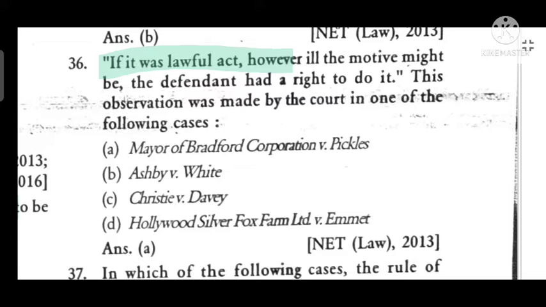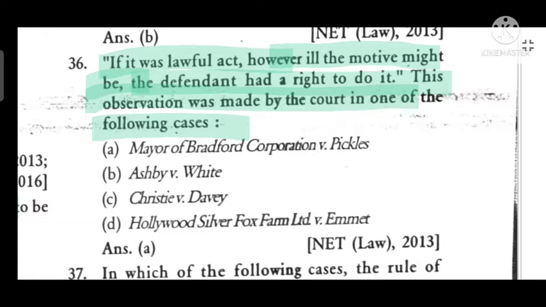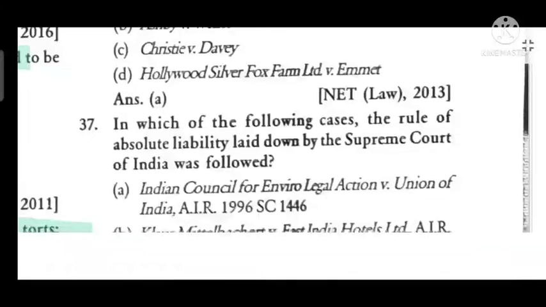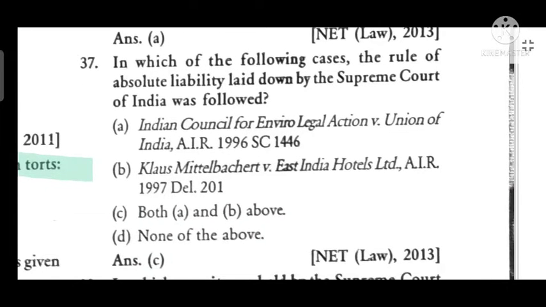If it was a lawful act, however ill the motive might be, the defendant had a right to do it. This observation was made by the court in one of the following cases: Mayor of Bradford versus Pickles. In which one of the following cases was the rule of absolute liability laid down by the Supreme Court of India followed?